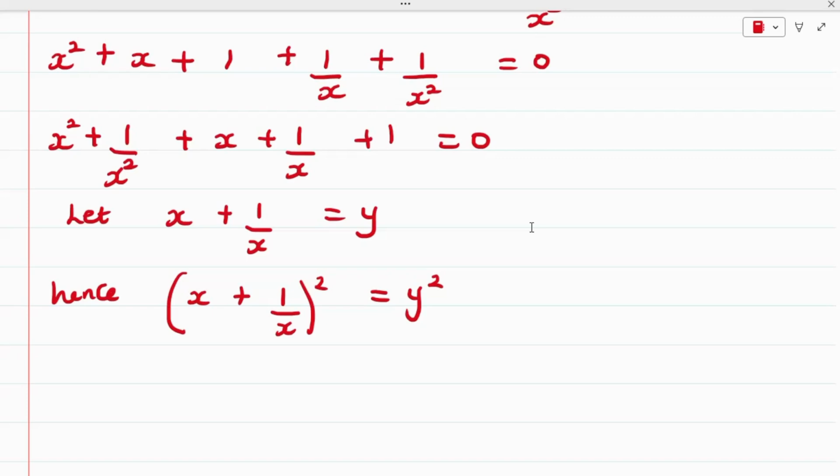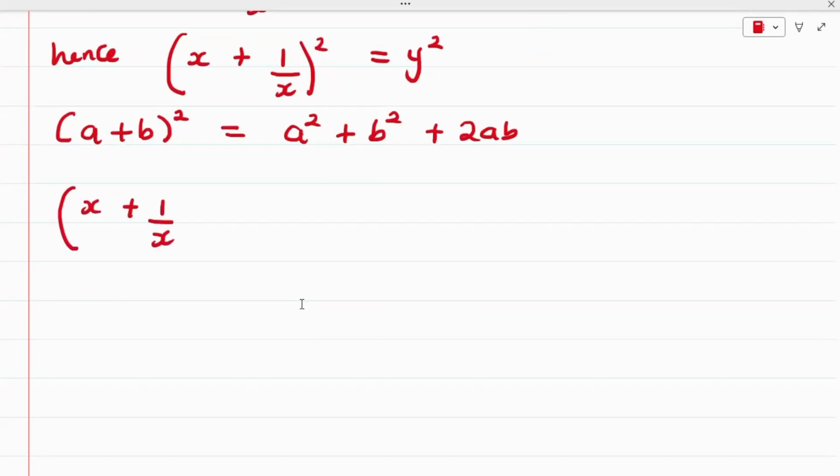Alright, now I want to simply recall that if we have (a plus b) all squared, this is equal to a squared plus b squared plus 2ab. So applying this to the left hand side of this equation, we have that (x plus 1 over x) all squared is written as, now we have this to be a and this to be b.